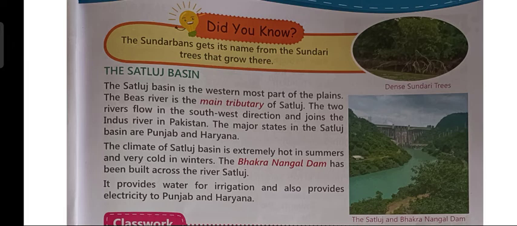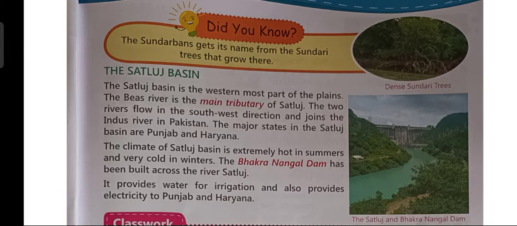So children, Satlaj Basin, as we all know, lies on the westernmost part of the northern plains. So it lies on the western part of northern plains. And children, river Beas is the main tributary of Satlaj river. Now children, both these two rivers, that is river Beas and river Satlaj, flow in the southwest direction and then join the river Indus in Pakistan.